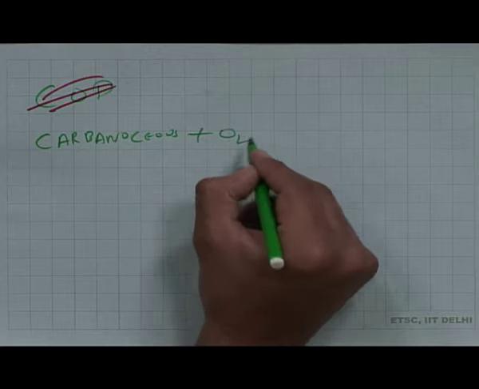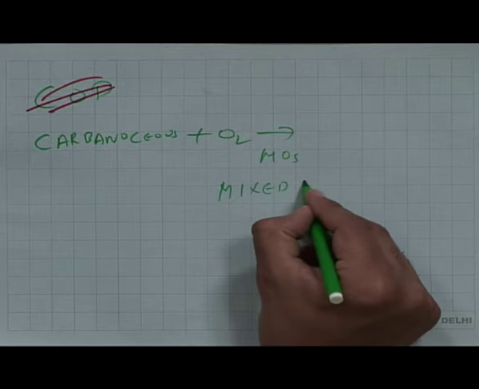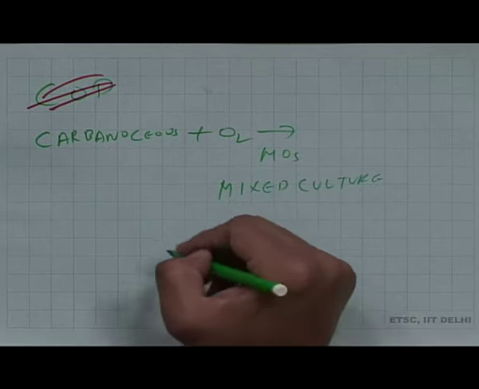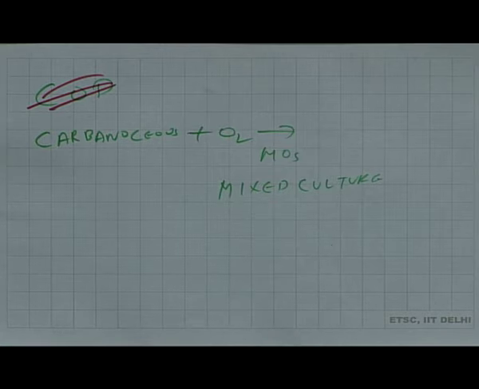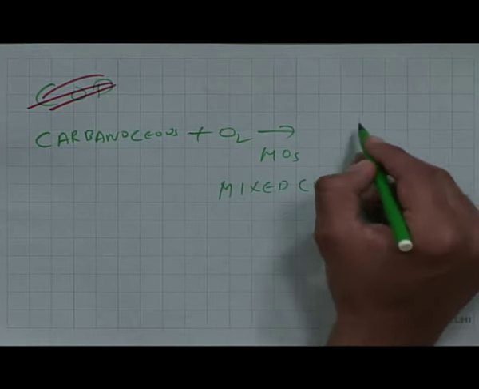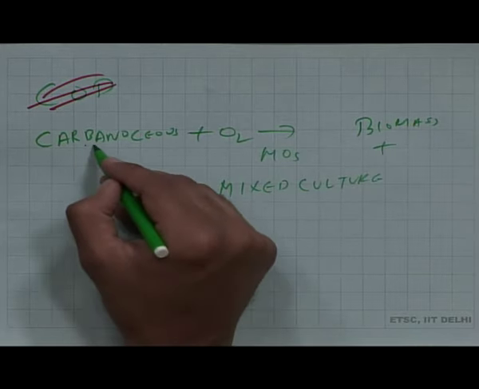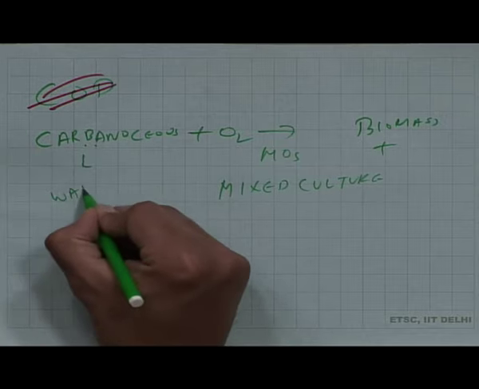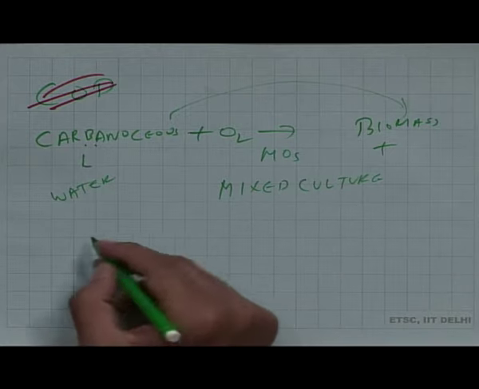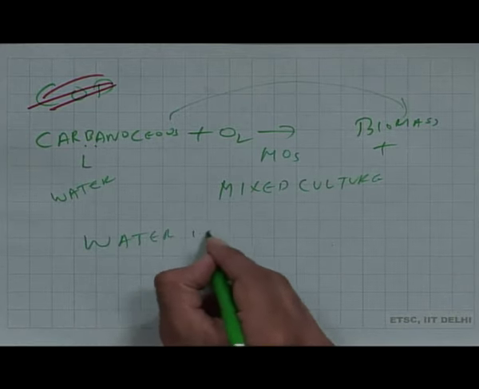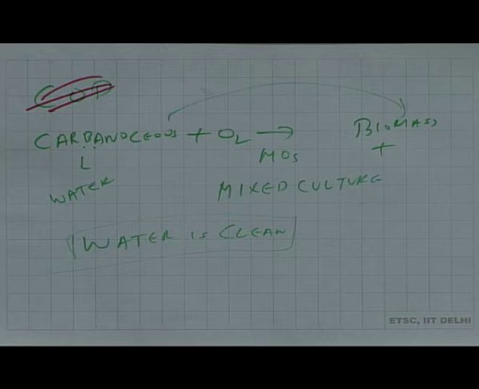There is oxygen and there are microorganisms, a mixed culture. What is mixed culture? Mixed culture is several different microorganisms, not just one single microorganism, and once they react, that leads to the production of biomass. The carbon which is in water moves to biomass, transforms to biomass. So, what that means is that your water is clean, and this is what the treatment plant is about.